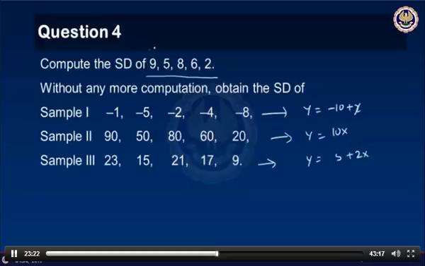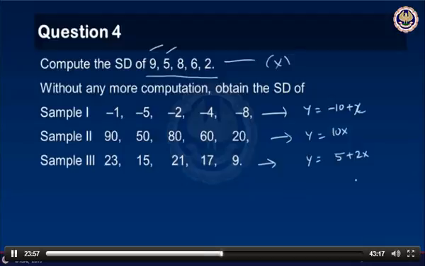If you assume these values are x, then the sample 1, sample 2, sample 3 equations are of the form y equals -10 plus x, y equals 10x, y equals 5 plus 2x. When the x values are in this format, first we have to find the standard deviation of x. Based on that, we can also compute the standard deviation of these values.